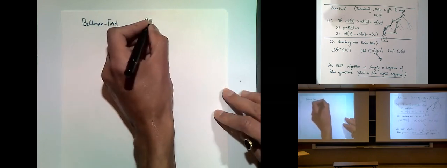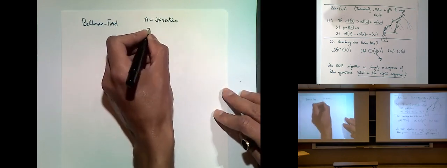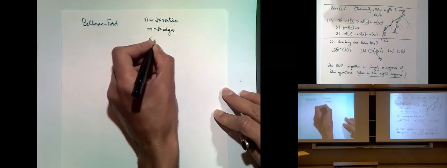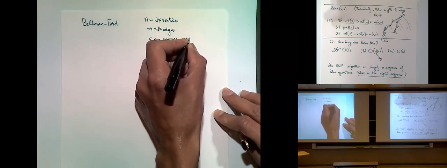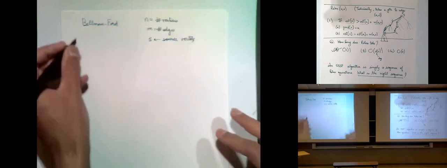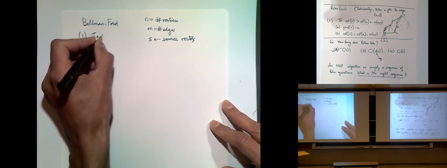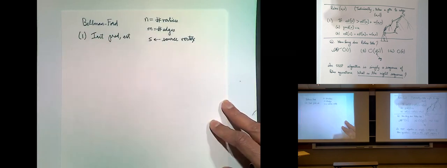So remember, n is the number of vertices, m is the number of edges, s is the source vertex. So we're doing single source shortest paths. First, I'm just going to initialize the predecessor and the estimate arrays.